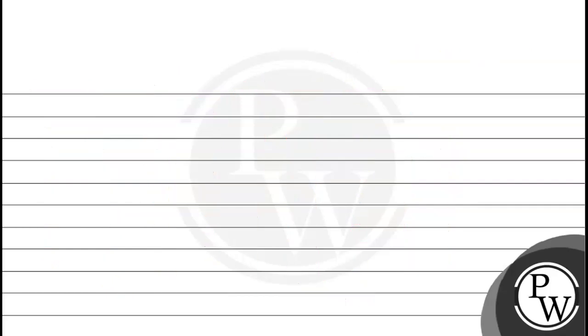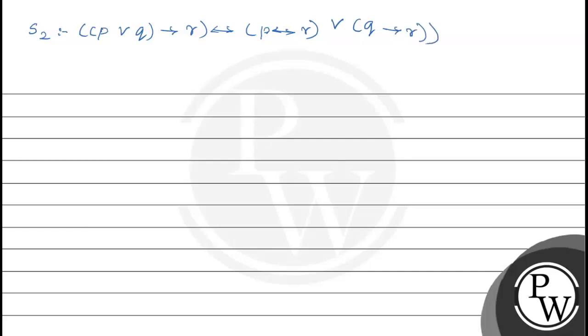Now we will similarly simplify statement 2. So we have statement 2 given as P or Q implies R if and only if P if and only if R or Q implies R. So let's solve this now.